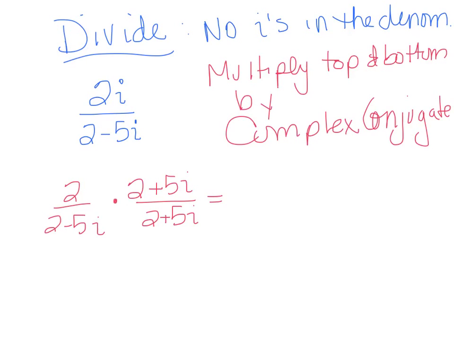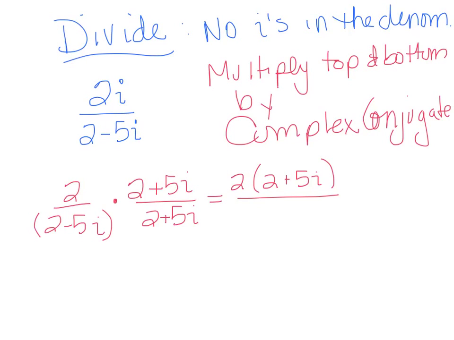On the top, it's a little bit boring, and honestly, it's probably better to leave it alone for now, because maybe you want to cancel things. So I'm going to leave the top alone. But on the bottom, very, very good things happen. Multiplying these, remember, these are conjugates of each other. And remember what happens when you multiply conjugates, you get a difference of squares, right? Those middle terms drop out.